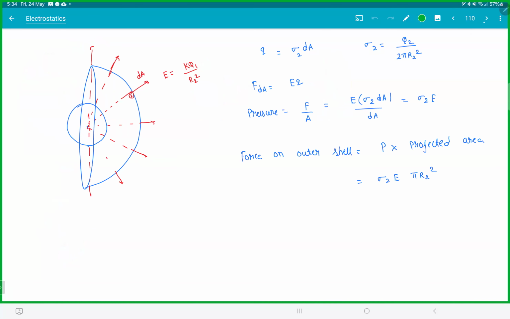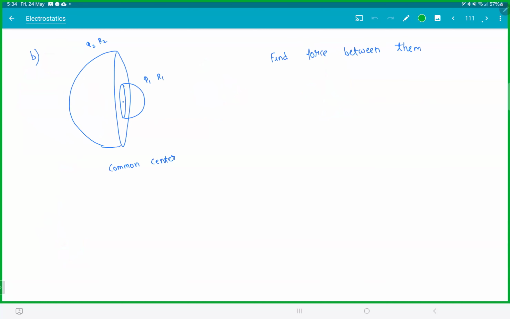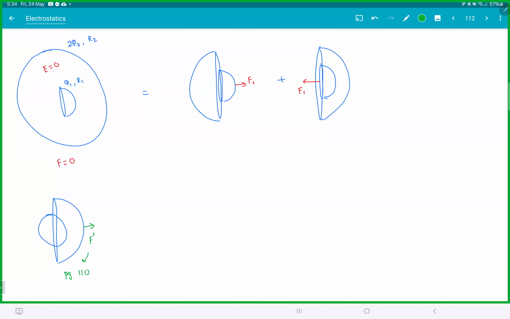We calculated this F dash on page 34, page 110. So we calculated that F dash, isn't it? Now this is nothing but this plus this, isn't it?